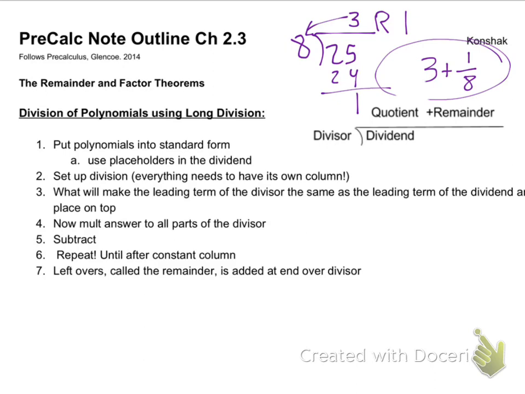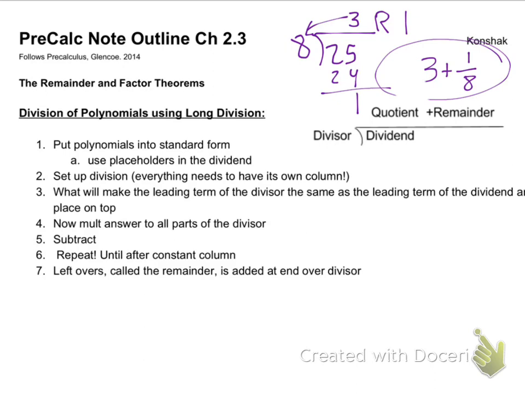And I place it on top where the quotient goes. If it's an x squared, you place it above the x squareds. If it's an x cubed, you place it in the x cubes. Right now I'm being very general. We're going to be talking about some examples. I've got about 4 of them that we're going to do today.